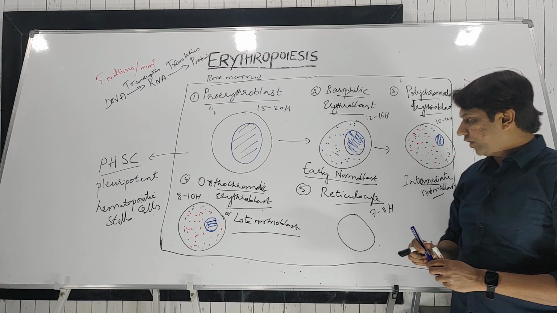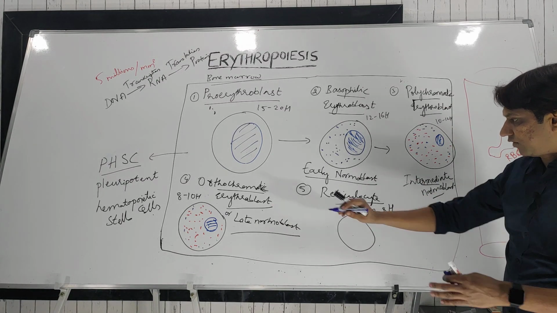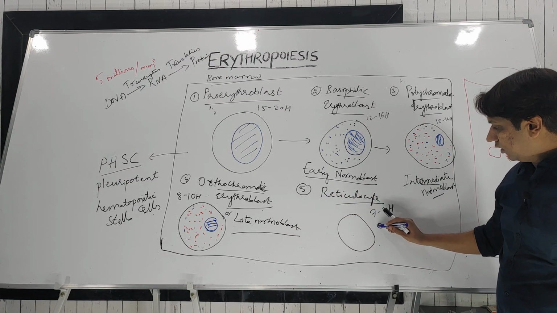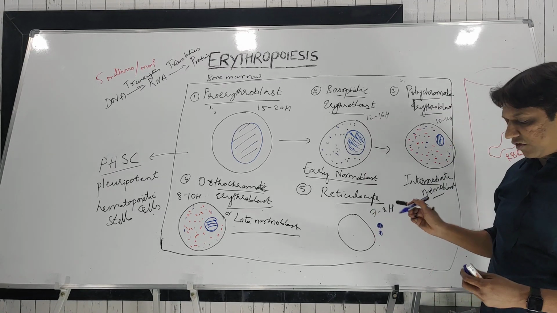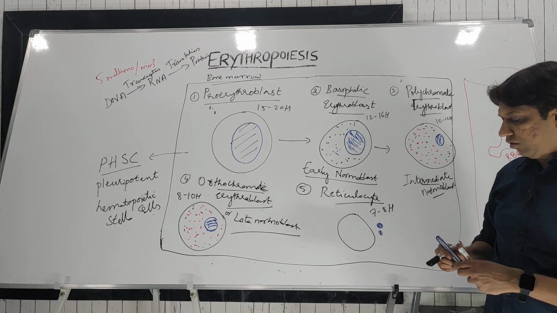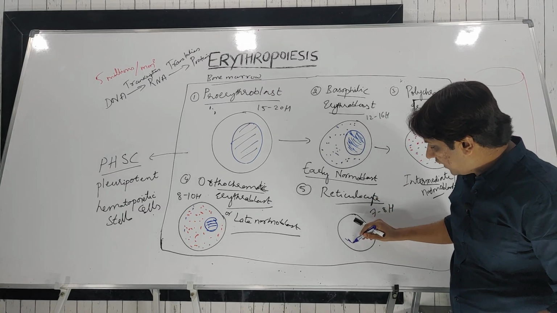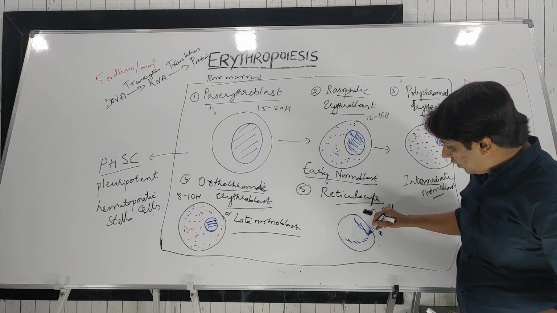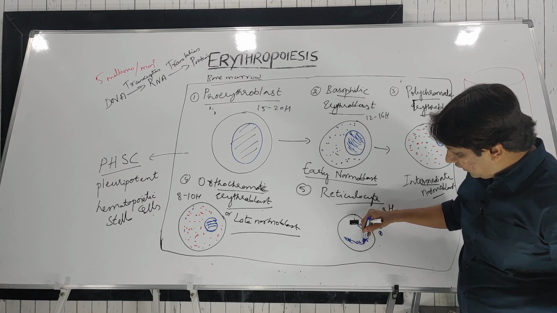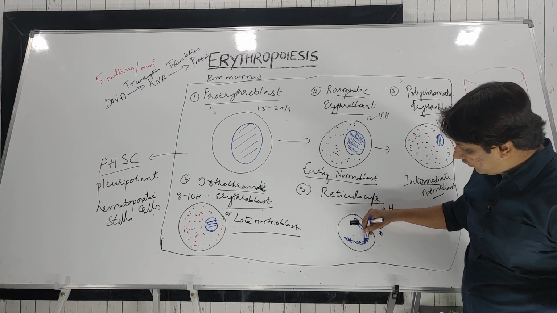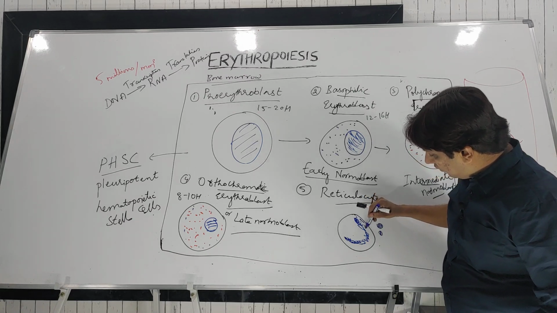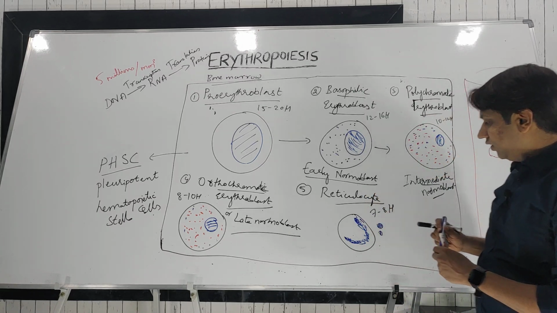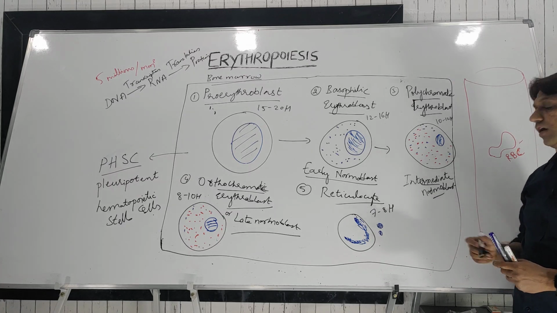And the important thing that happens here is that the nucleus is extruded out. The nucleus and then the mitochondria are extruded out of the cell, and the cell will be an anucleated cell, and some mesh-like network will be there. That's why it is known as reticulocyte, like a reticulum. So this is a reticulocyte.